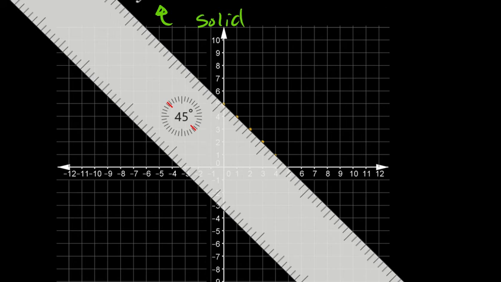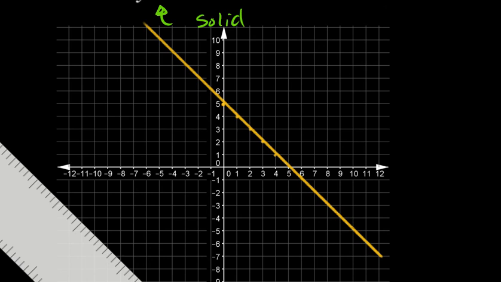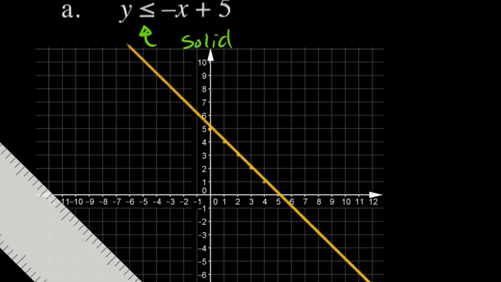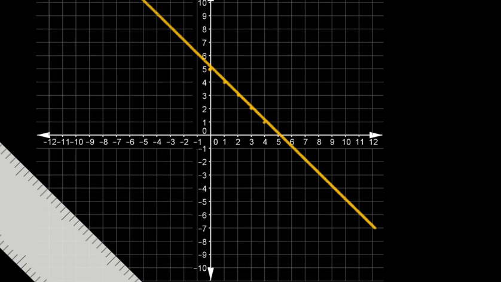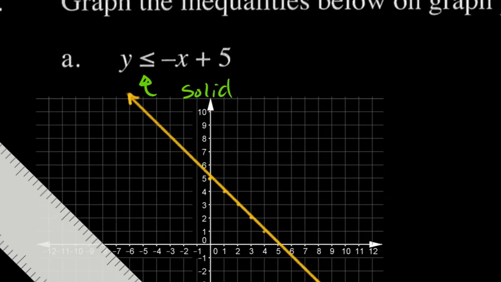And because this was less than or equal to, the boundary is included. So I'll go ahead and draw the boundary. Now it's a matter of what parts of this get shaded. Now it says literally that the y values are going to be below this line. It says the y values are less than or equal to that relationship.